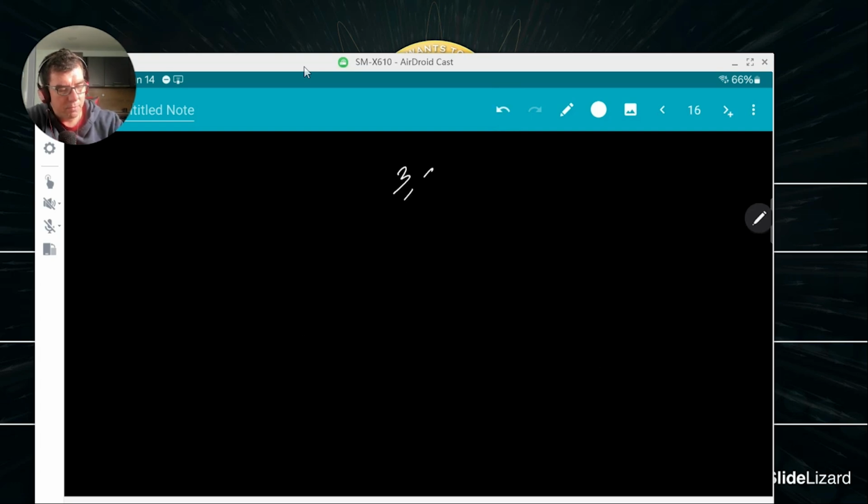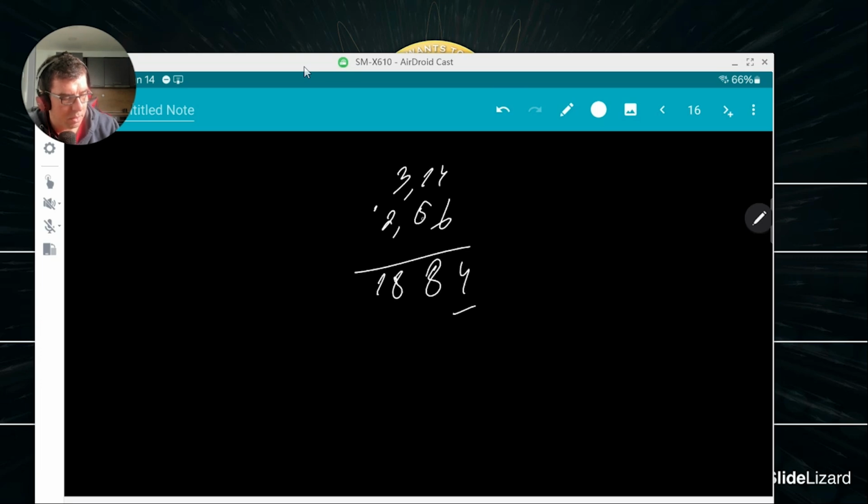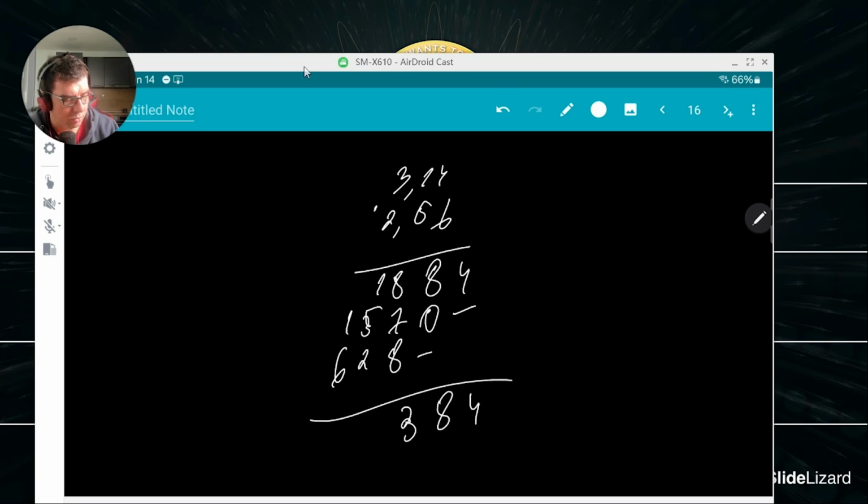So 3.14 times 2.56. 6 times 4 is 24, 4, 2, 8, 18, 5 times 4 is 20, 0 to 7, 15, 8, 2, 6, 4, 8, 16 plus 7 is 23, 3, 2, 3 plus 5 is 8 plus 2, 10, 0, 1, 7, 1, 4, 1, 2, 3, 4 digits after the decimal comma, 1, 2, 3, 4.